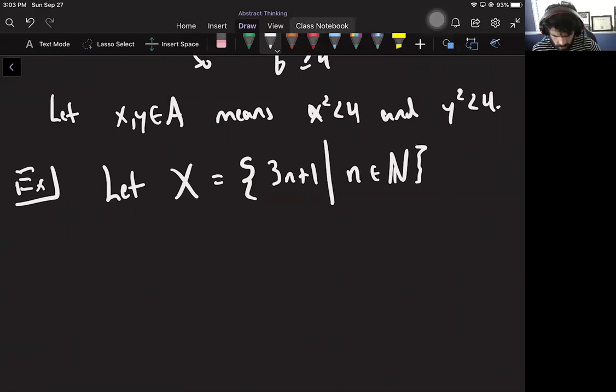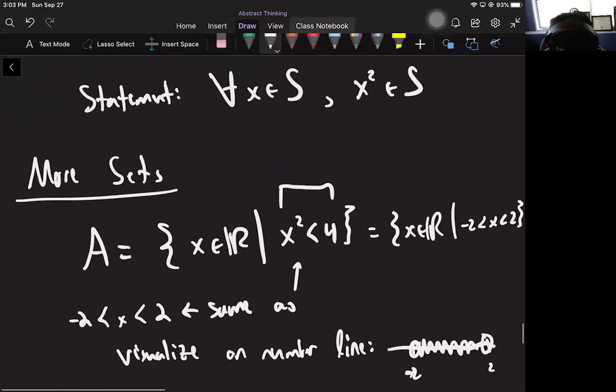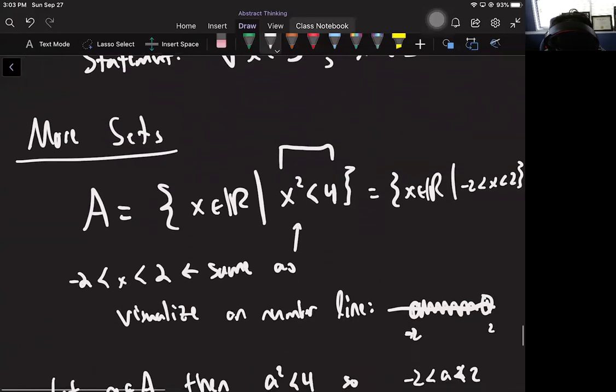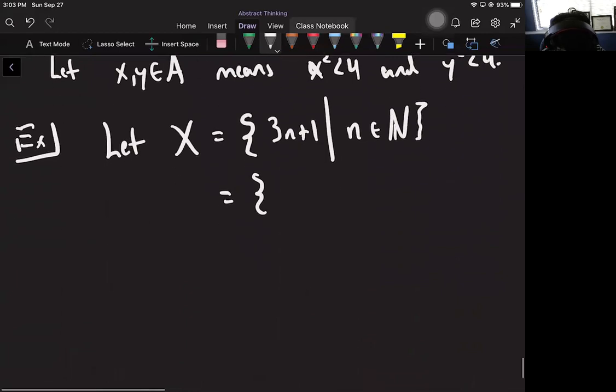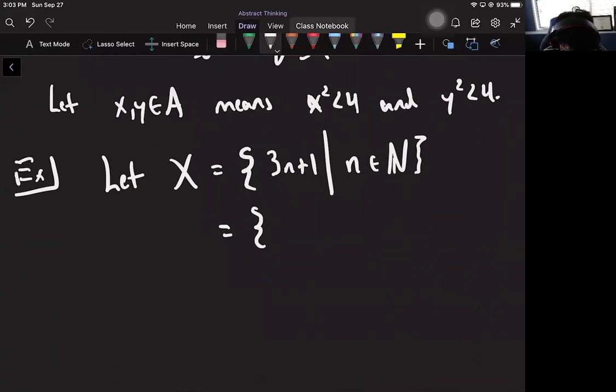So what is this set really? Well, this one I can list out. The previous one I couldn't really list all the numbers between -2 and 2, but I could visualize it on a number line. Here I can't really visualize it, but I can just list it out. So the natural numbers are the numbers starting at 0 and up.